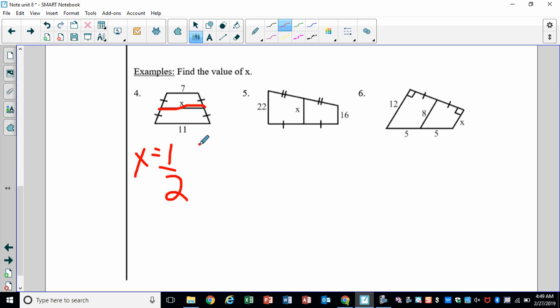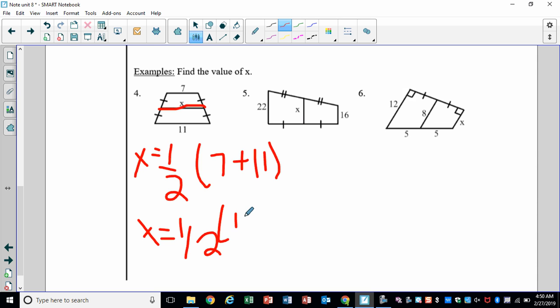X is 1/2 the sum of the two bases, which is 7 plus 11. 7 plus 11 divided by 2 would be x. 7 plus 11 is 18, right? Half of 18 is what? 9. Yep. So the measure of x would be 9.